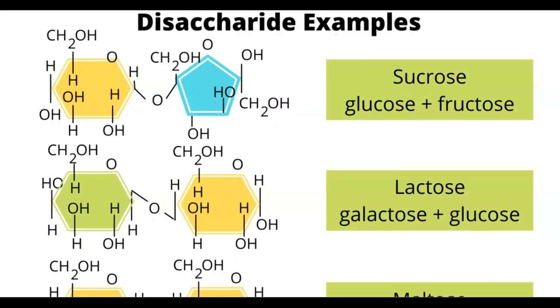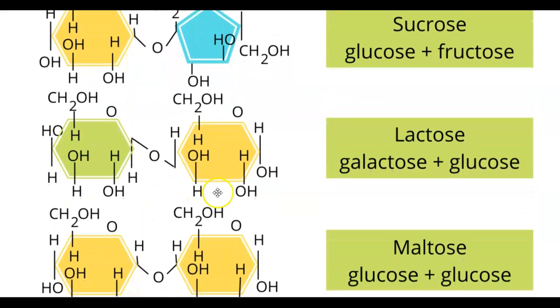Now, what if you had galactose and glucose? So the glucose here is in this kind of yellowish orange, if you will, and the galactose is in this kind of pale green. And notice again, here's this oxygen bond.